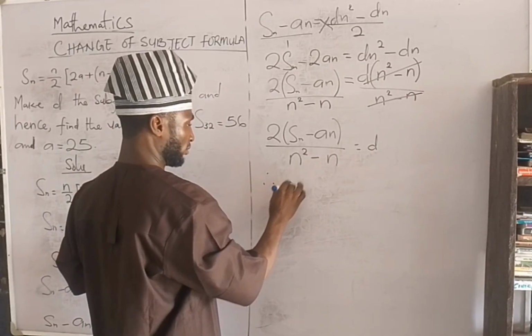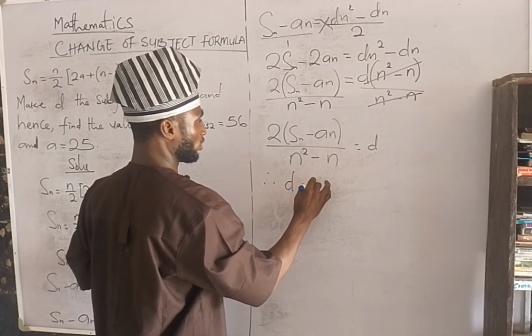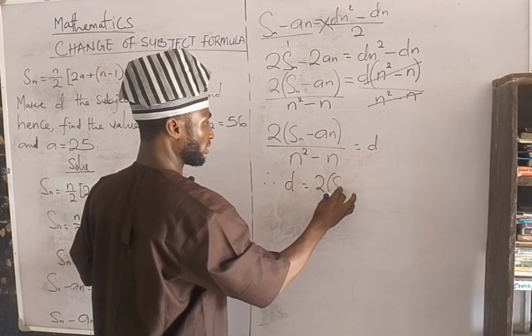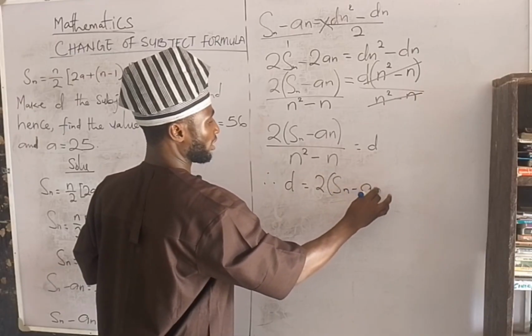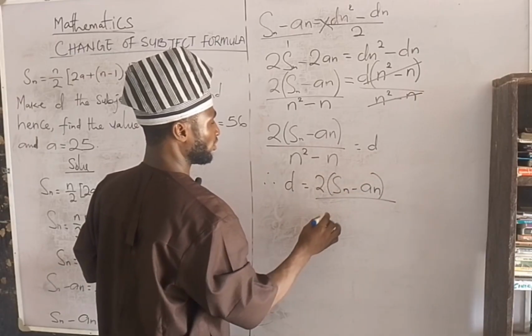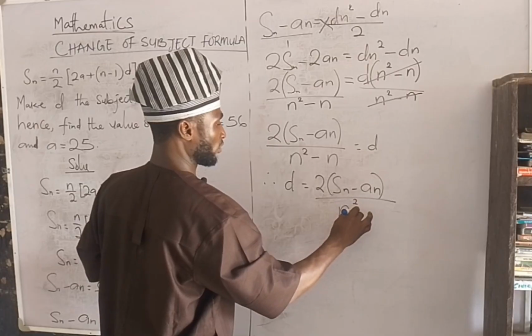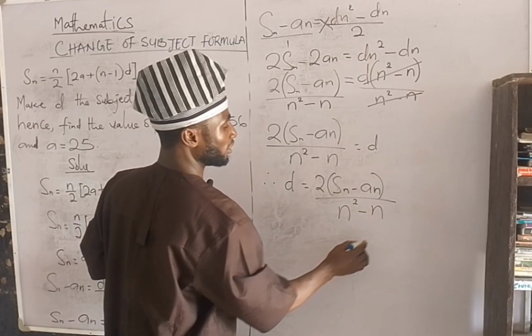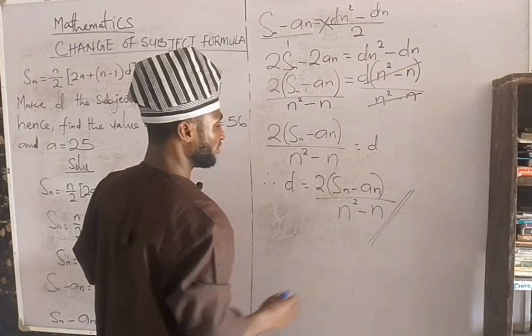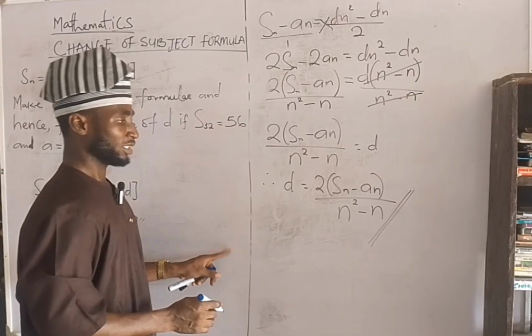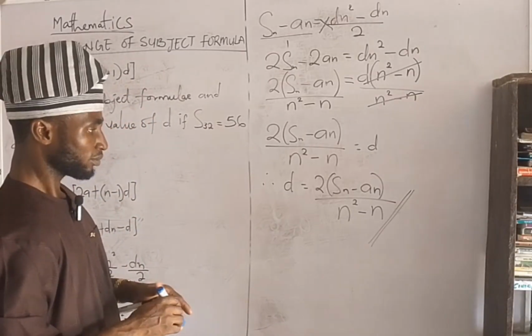Therefore, our d is equal to 2 in brackets Sn minus An close bracket over n squared minus n. We have finished making d the subject formula.